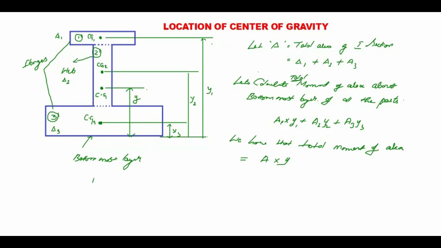If you consider this I section completely as a single part, where capital A is the area and y is the distance from the center of gravity of that area to the bottommost layer, then the total area multiplied by the distance y gives the moment of area of the complete I section.